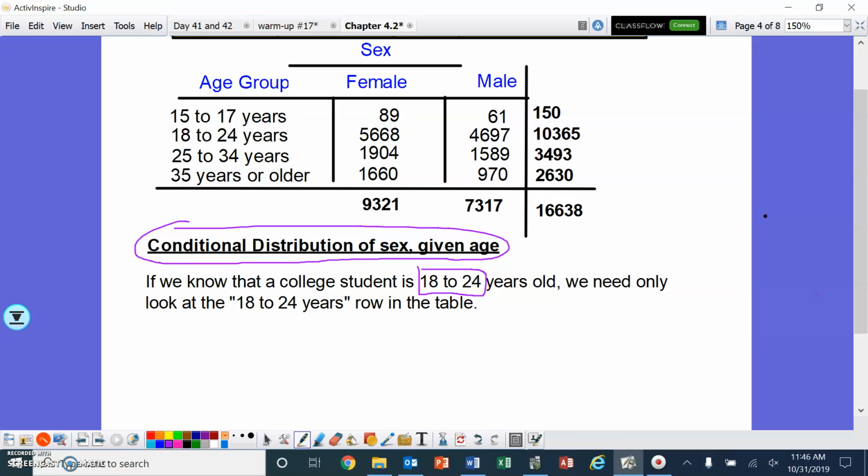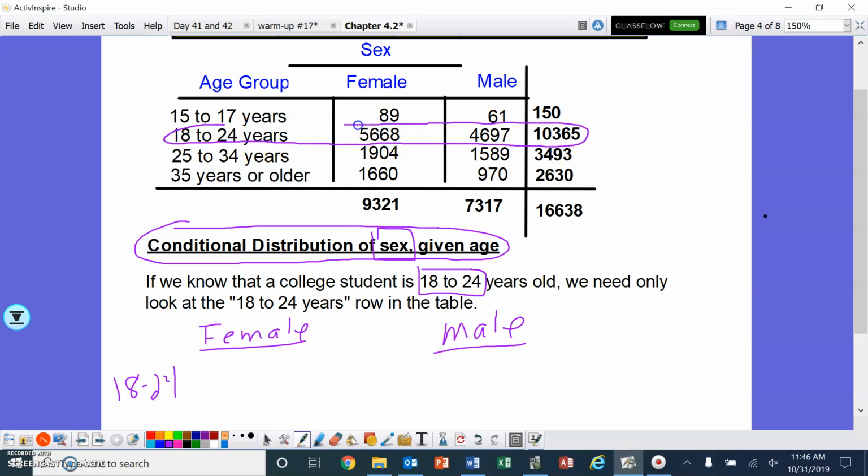So we're going to go ahead and look at the female, okay, because we're separating them. It says conditional distribution of sex given age. So we're going to look at the female and male, and we're going to look just at that age group. Well, if we're looking only at that age group, we don't care about the rest of the table.